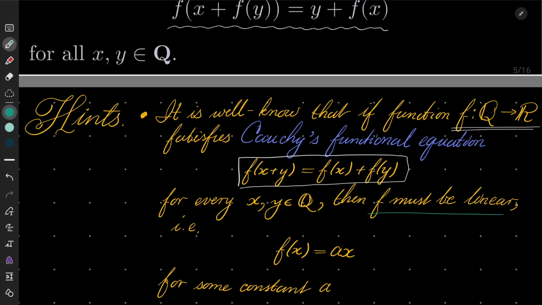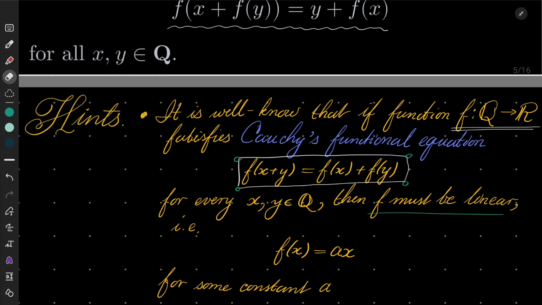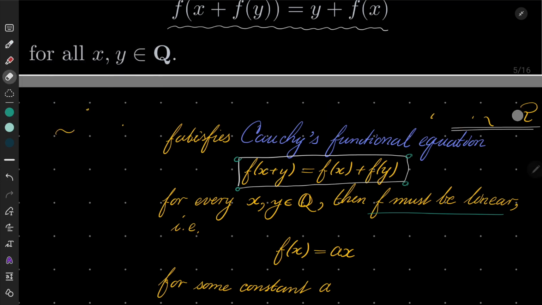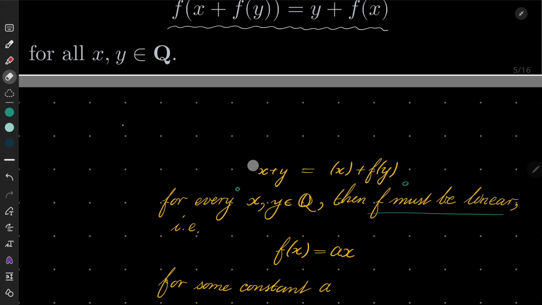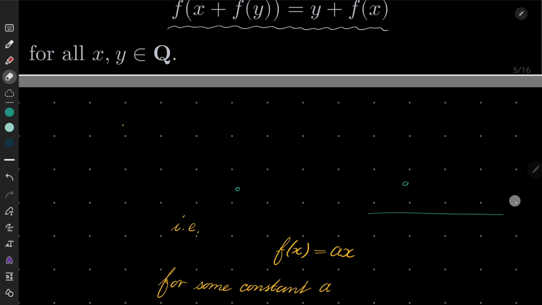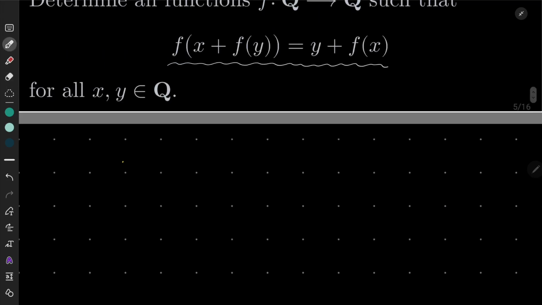And so it should be possible to transform our functional equation exactly into this form of Cauchy equation. So try it yourself and I will see you in a minute. Okay, so I hope that you tried your best. My solution goes like that.